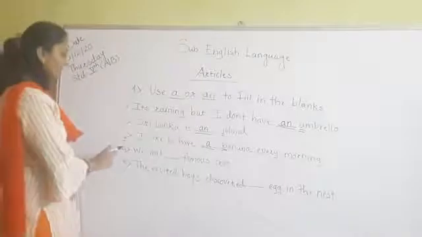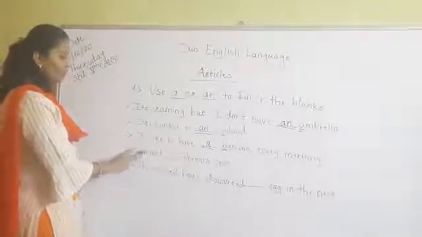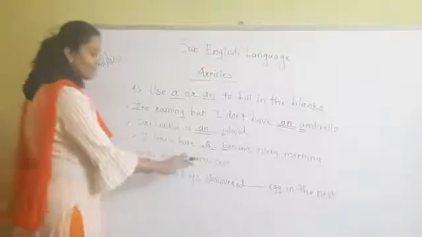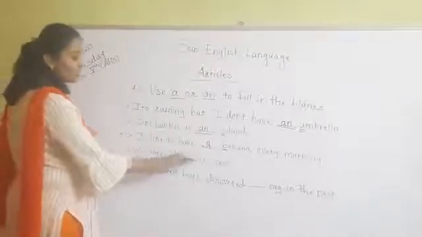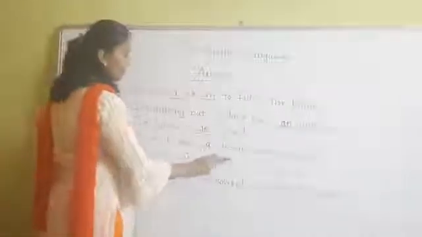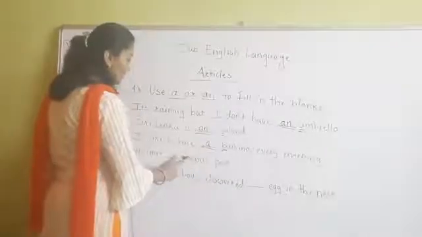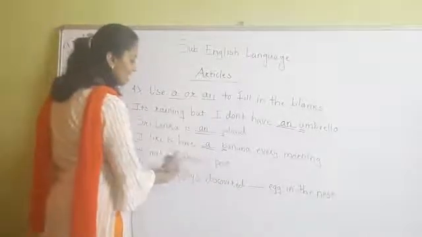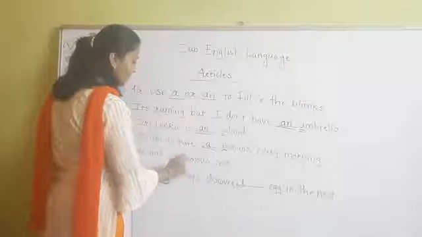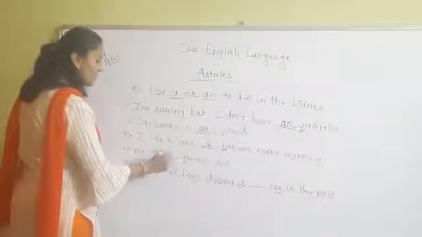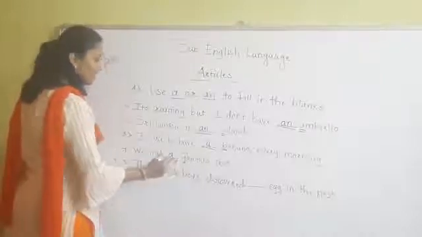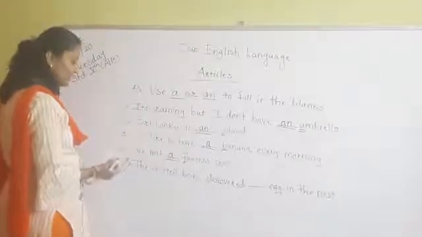Now see sentence number 4. We met dash dash famous poet. The spelling of famous starts with F, that is a consonant. So we have to write down here a famous poet.